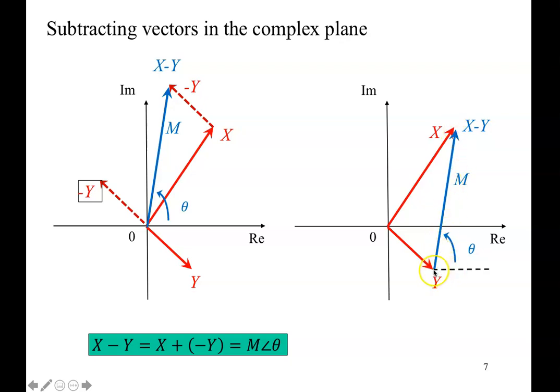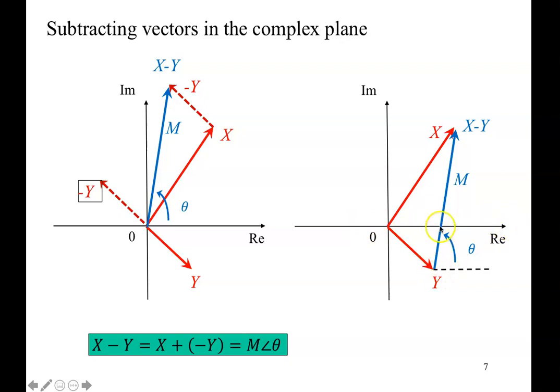The angle between this line and another line parallel to the real axis is the angle of that number. So this is theta, and this dashed line is parallel to the real axis.